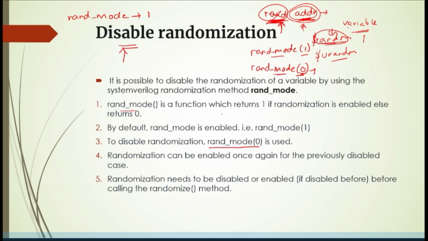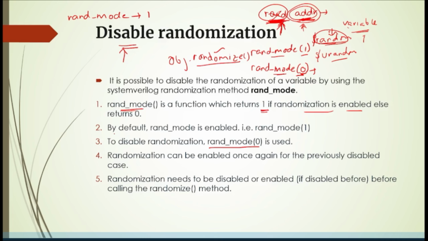Basically, rand_mode is a function which returns 1 if randomization is enabled. What does randomization enabled mean? When you are creating the rand bit and calling the object dot randomize method, that means randomization is on. So when randomization is enabled, the rand_mode value is 1.